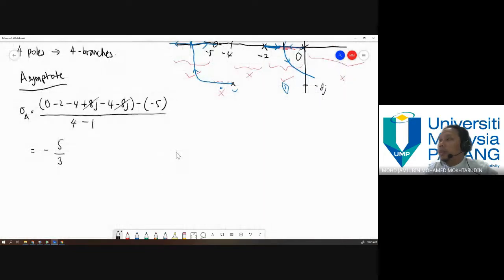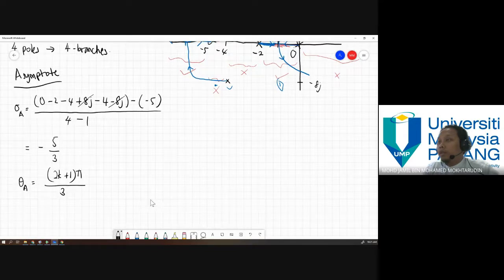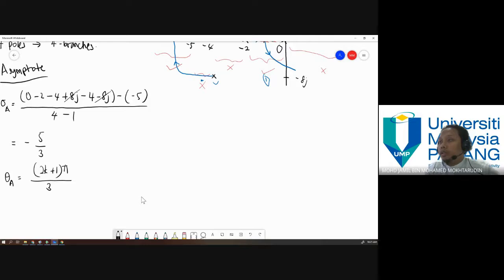Okay. And then the angle. So 2k plus 1 pi over number of poles minus number of zeros, okay? So from here, let's assume k equals 0. So theta A equals pi over 3.